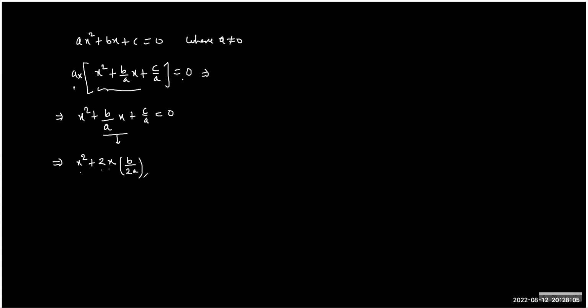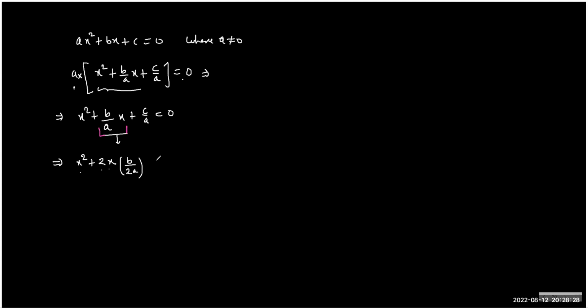Yes, sir. How many of you are getting this part? This term we can manipulate as 2ab, but 2 is not there. So since I'm multiplying with 2, I must divide by 2 to keep it as it is without affecting the actual term. Yes or no?